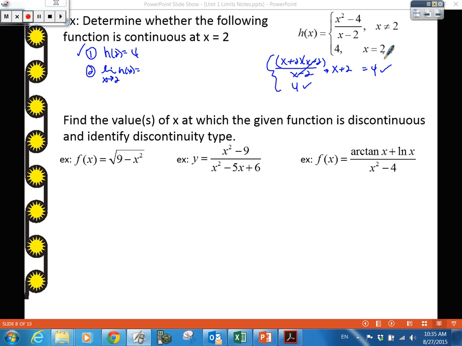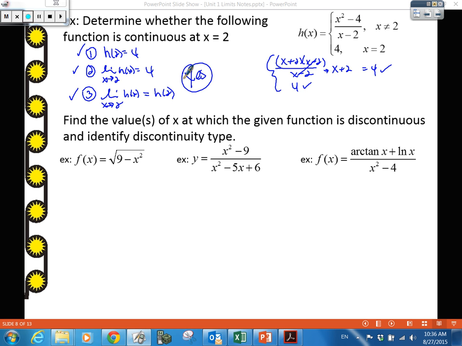So the limit does equal 4. Check. Our third criterion is that the function value and the limit value must be the same. So the limit as x approaches 2 of h of x must equal h of 2. And in our case, is that correct? Yes. If that wasn't correct, then I would draw a not equal sign here. But that is correct. So therefore, it is continuous. Okay, how is that? That's our first use of this fantastic definition of continuity.